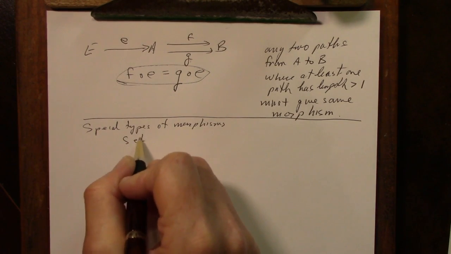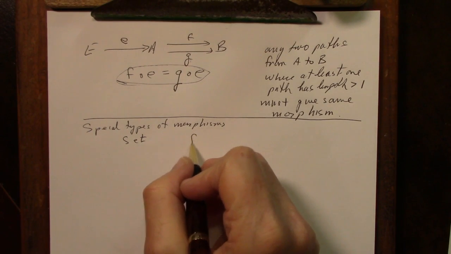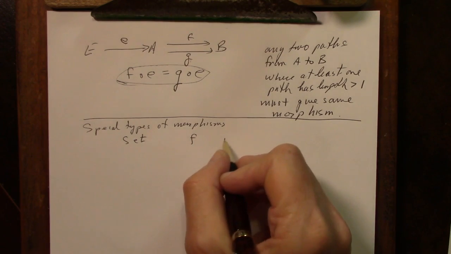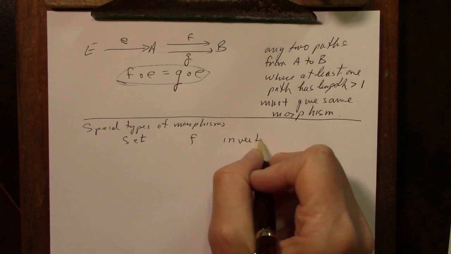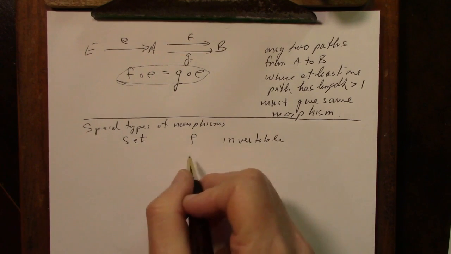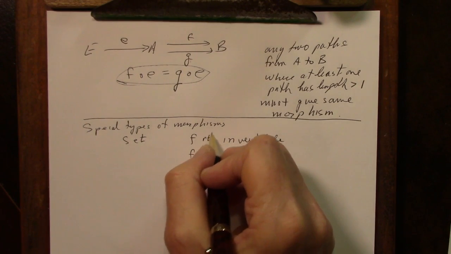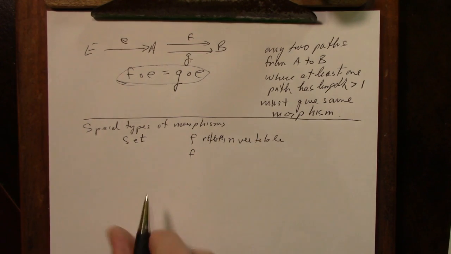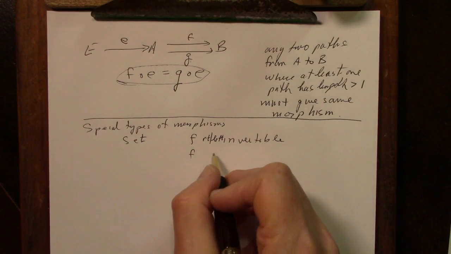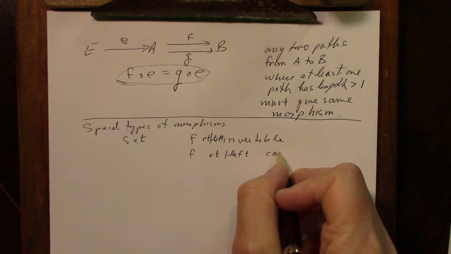Among set functions in the category Set, there are some special set functions that you know pretty well. Invertible functions, so we've got right and left invertible, one-sided invertible, and two-sided, and also right and left cancelable functions.